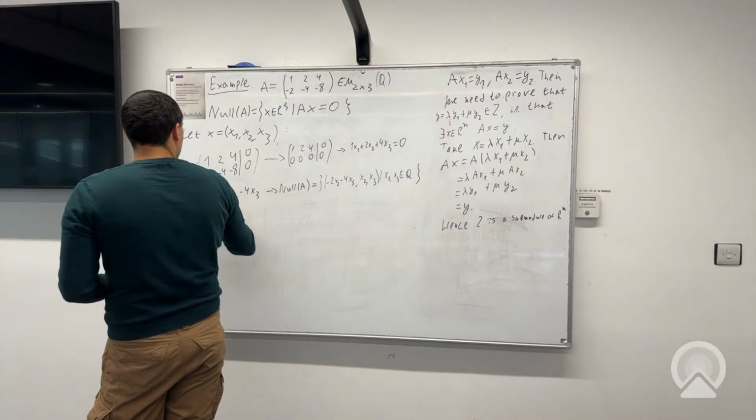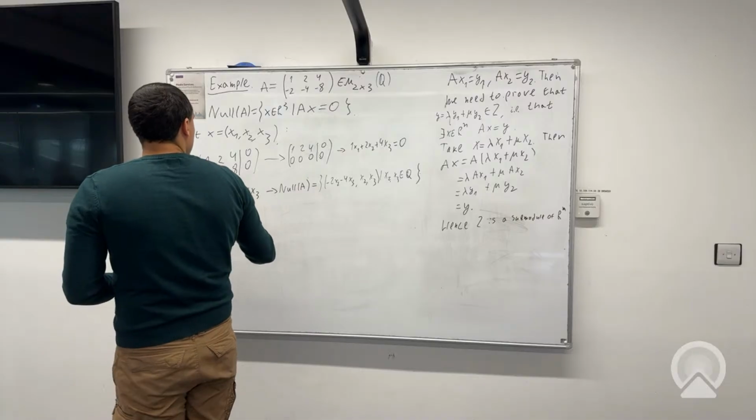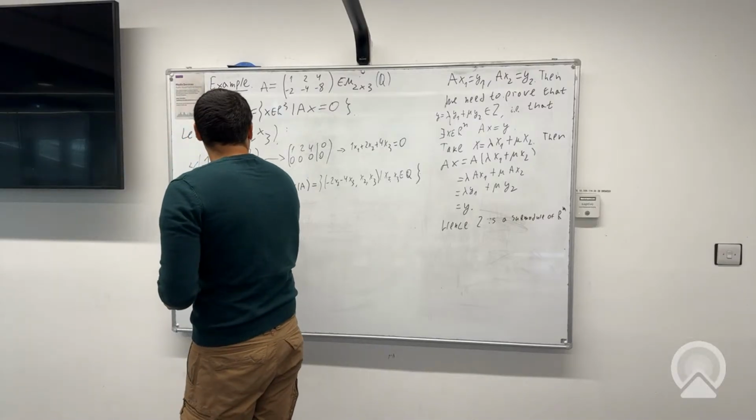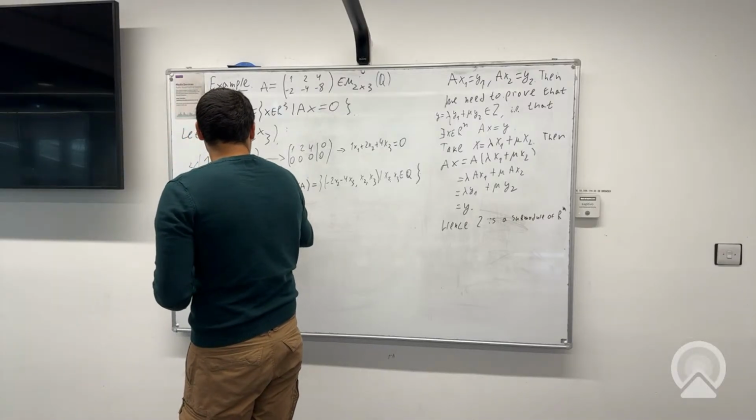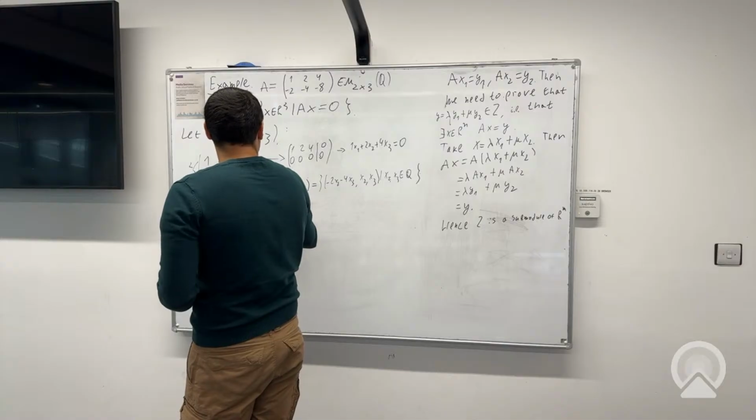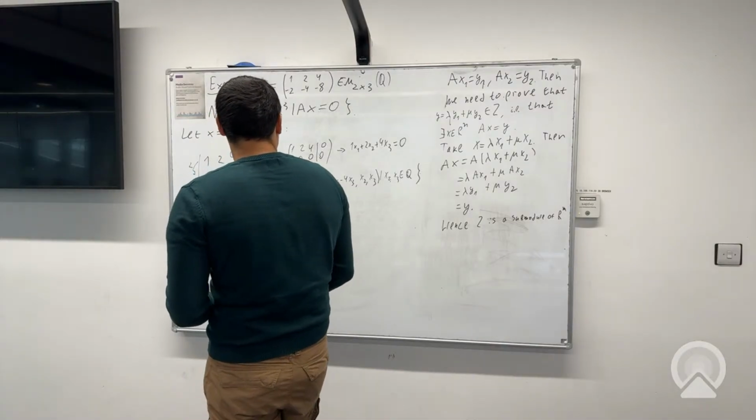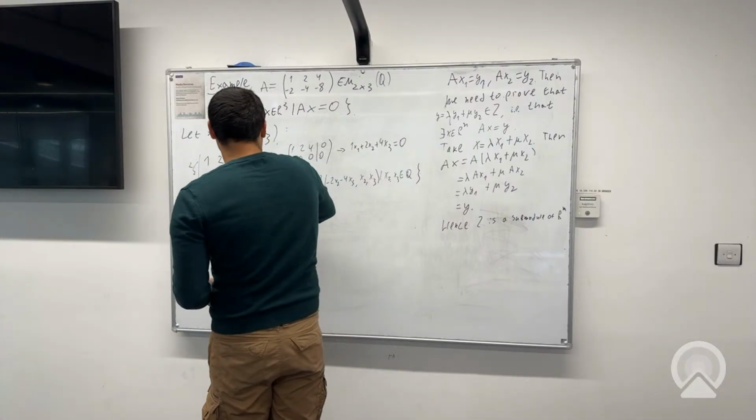The image of A is the set of vectors y in R^2 such that there exists x in R^3 such that Ax equals y. I will write it this way.